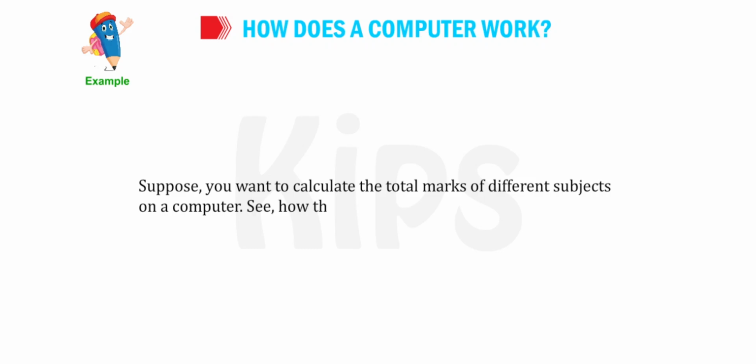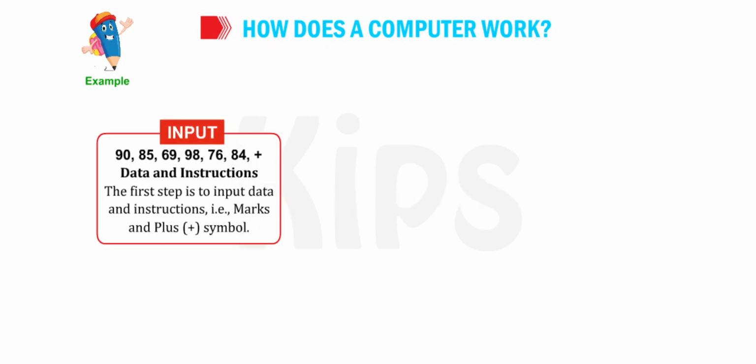Suppose you want to calculate the total marks of different subjects on a computer. See how the processing takes place in a computer. The first step is to input data and instructions, that is, marks and plus symbol: 90, 85, 69, 98, 76, 84, plus.